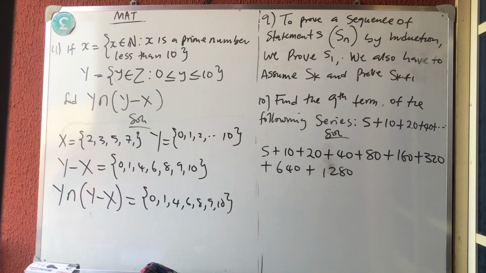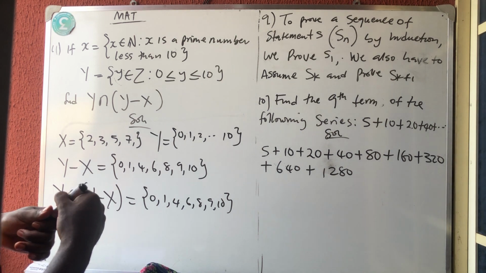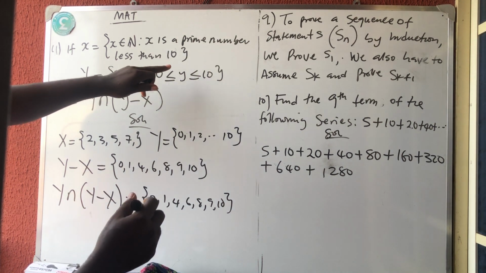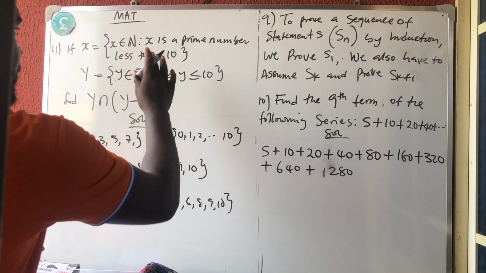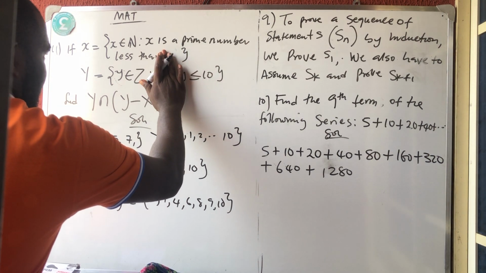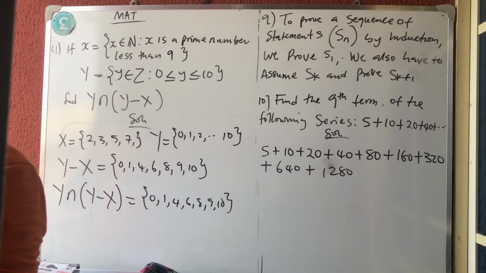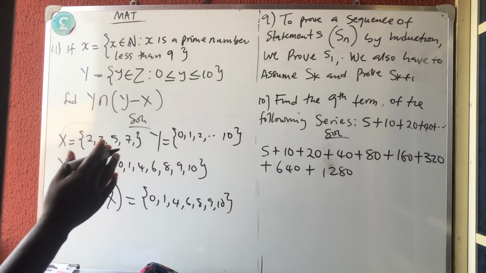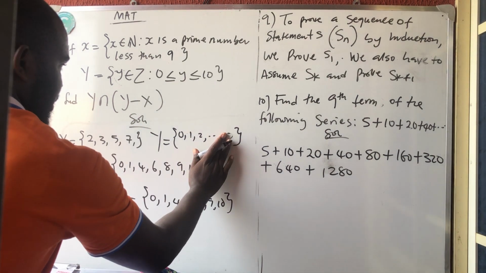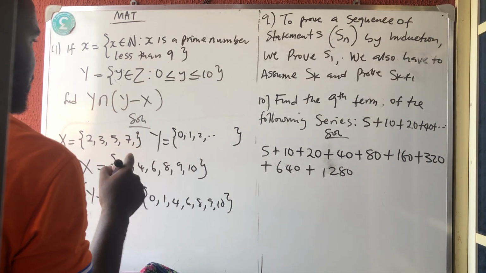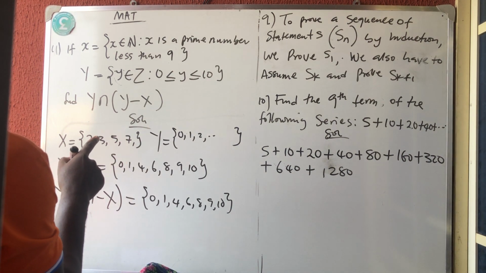But if the question says prime numbers that are less than 9, I think the question says prime numbers that are less than 9. Sorry, not 10, because I'm not seeing the option here. There is a little problem there.